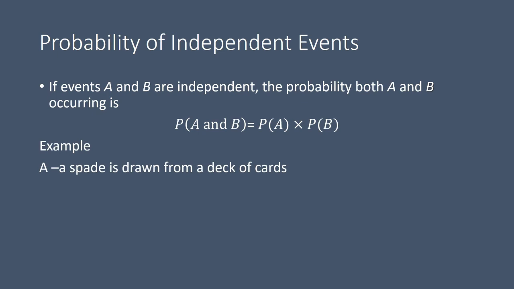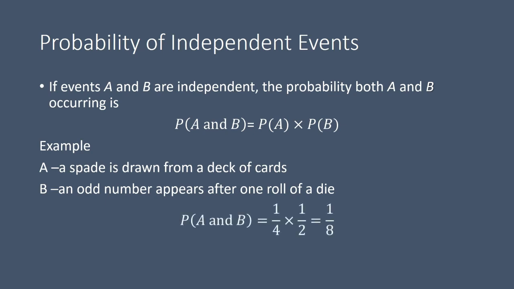Let's say, for example, A is the event when a spade is drawn from a deck of 52 cards. B is the event when the number that appears in a roll of a die is an odd number. Let us compute P of A and B. How do you interpret A and B? You have an experiment: you pick a card and then you throw a die. What is the probability that the card that will appear is a spade and the number that will appear is an odd number?